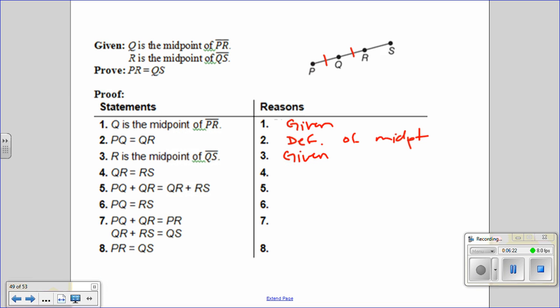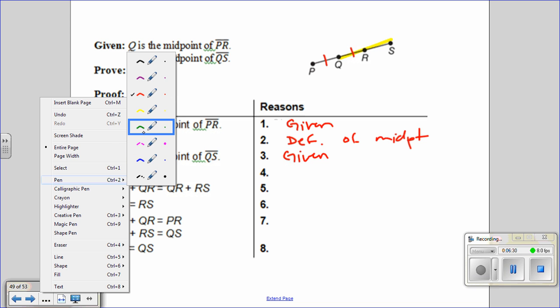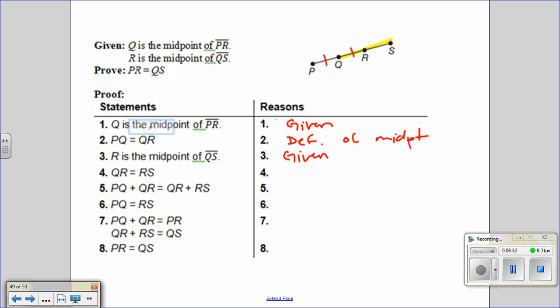So here's QS, and it says that R is the midpoint, so that means RS and QR are going to be congruent. So that's, again, the definition of a midpoint.